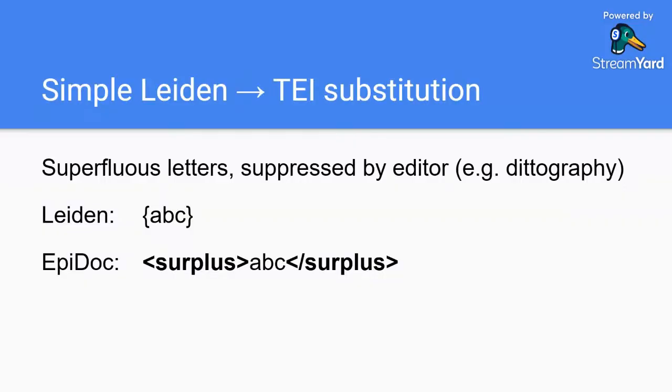We present those in Leiden in curly braces, and there's the TEI element surplus, which means superfluous. I think the name of that element was developed via the use of a thesaurus rather than because surplus was a more efficient name for it than superfluous.